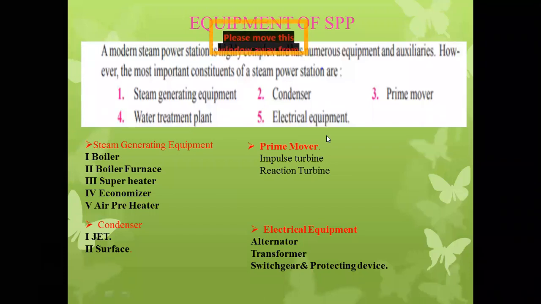Anyone? Then tell me reaction turbine means what? Yes, am I audible? Yes, tell me.